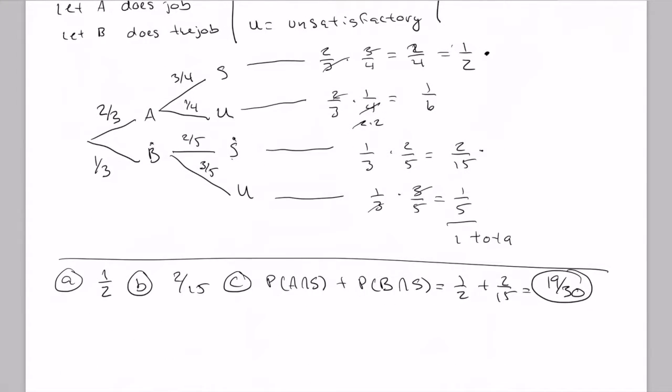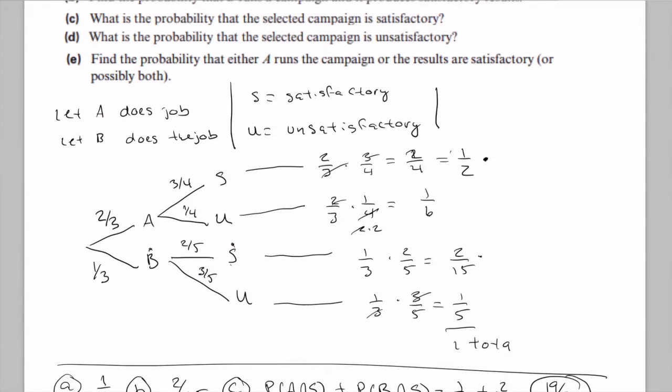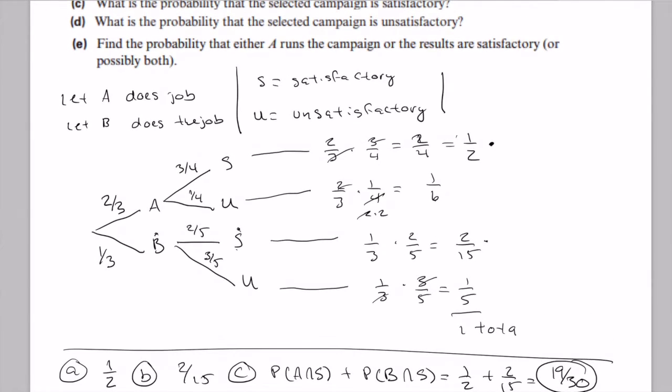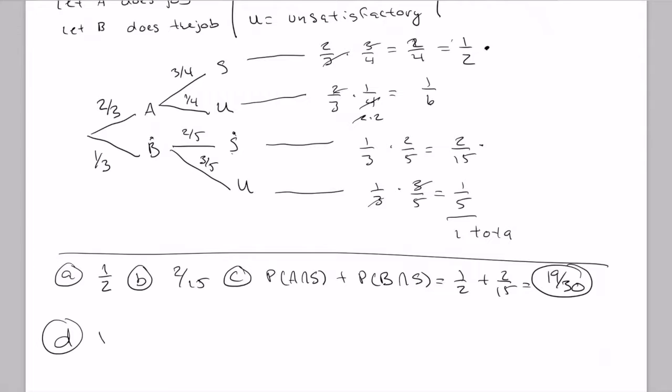D states, find the probability that the selected campaign is unsatisfactory. Okay, so P(A intersection U) plus P(B intersection U) equals A unsatisfactory, that's 1/4... 1/6 plus B unsatisfactory 1/5.